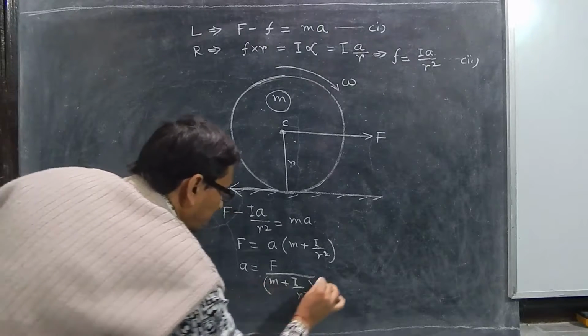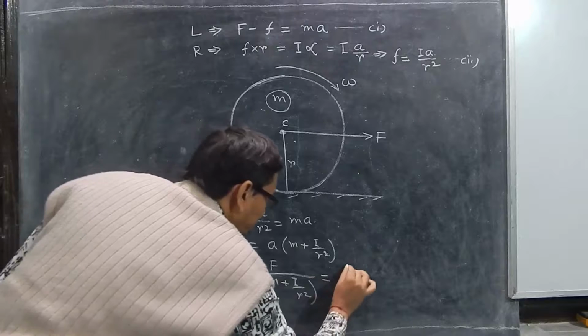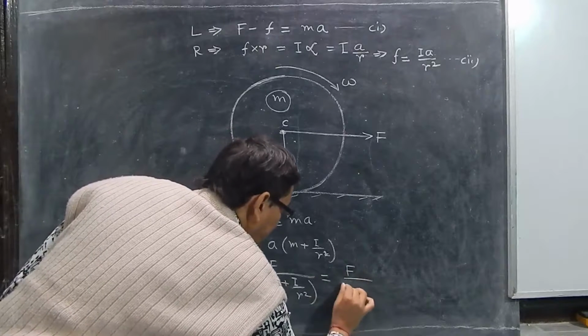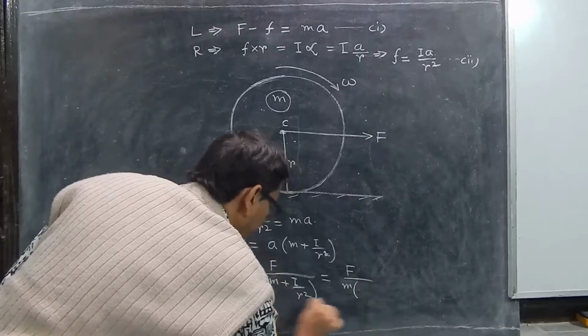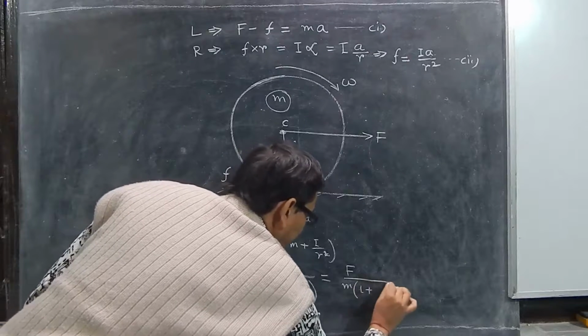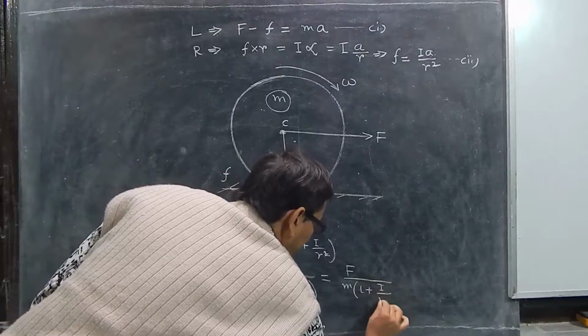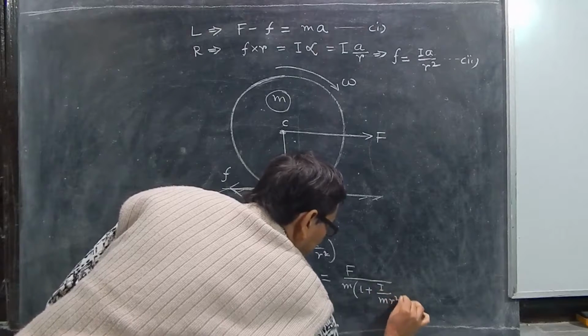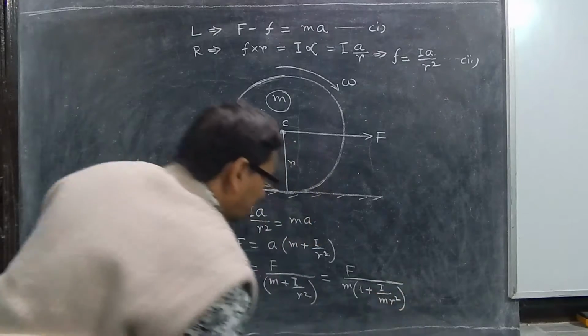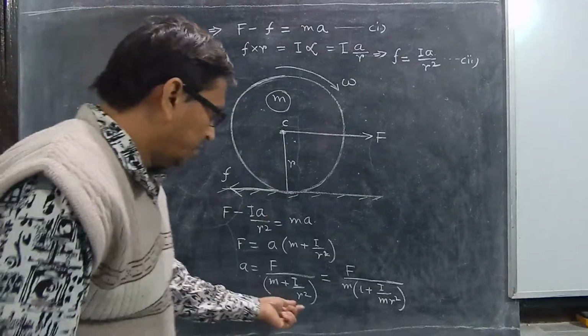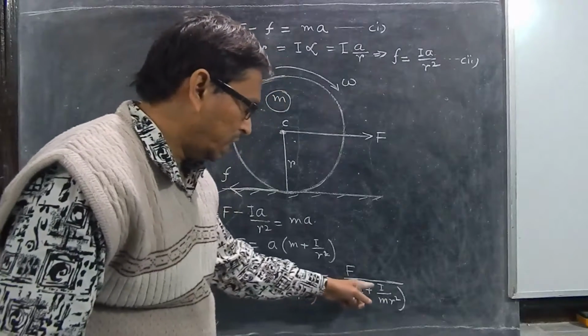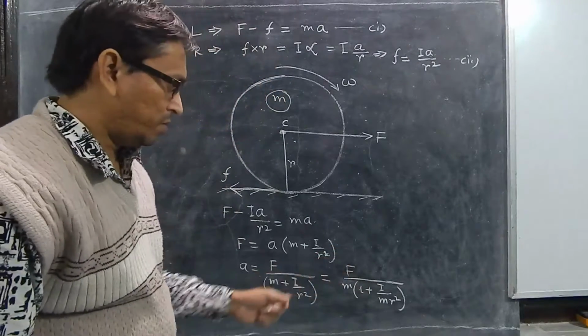Now from here we can take common m. So it will be F by m into 1 plus I by m R square. So we take it in the form of m R square because we know that I will also be in the form of m R square.